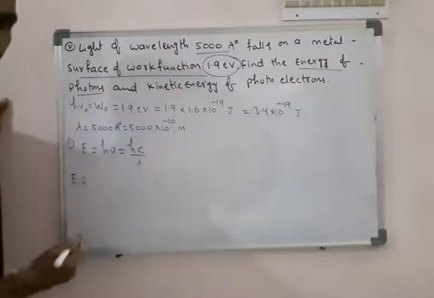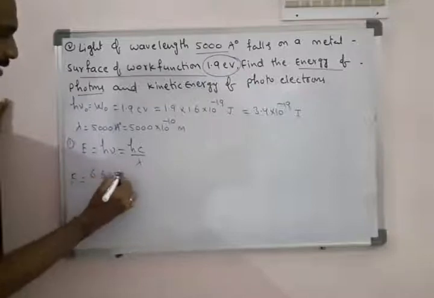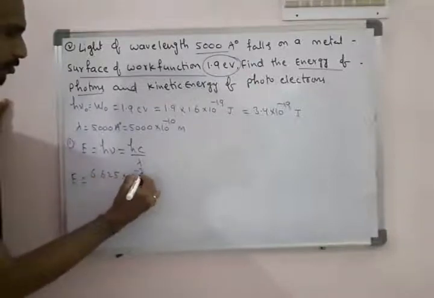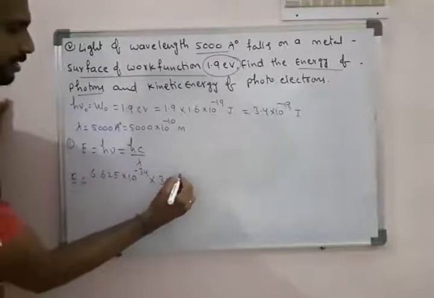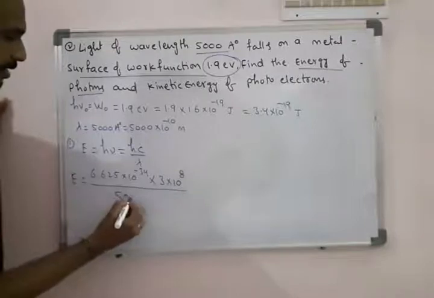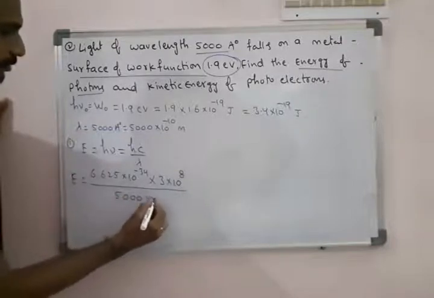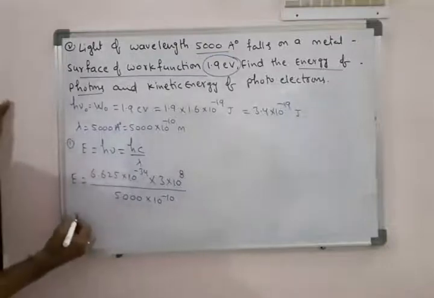So h should be in joule second, 6.625 into 10 to the power of minus 34. Velocity also must be in meters per second. So lambda is given as 5000 into 10 to the power of minus 10 meters.